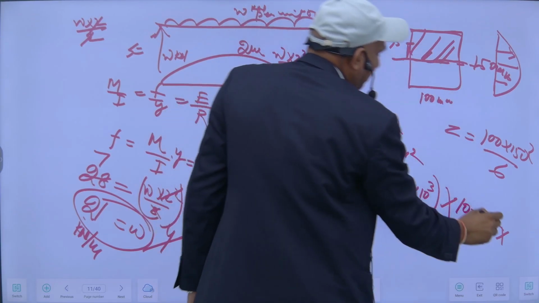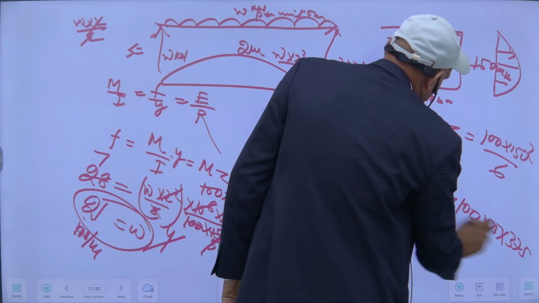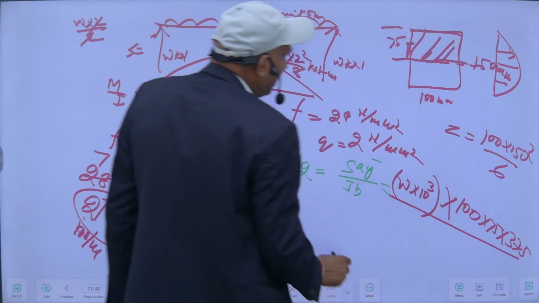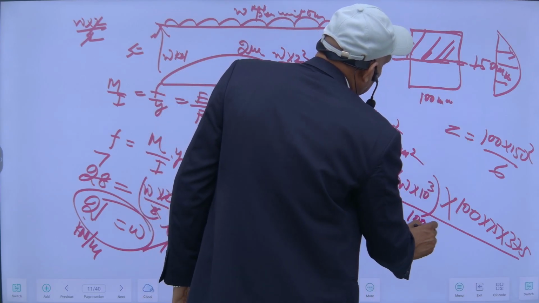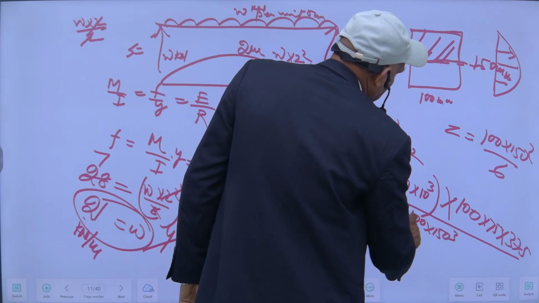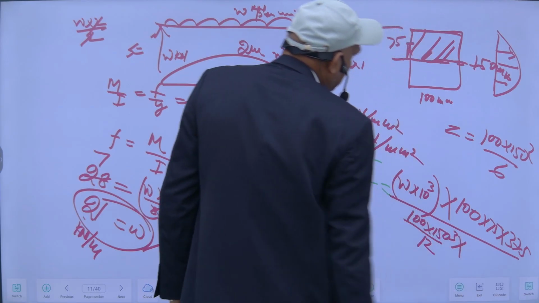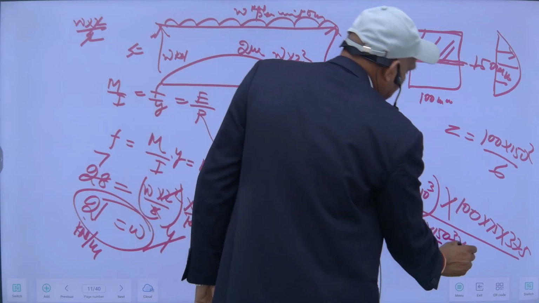This is 37.5, divided by the moment of inertia, which is BD cube upon 12, into this base, which is 100.